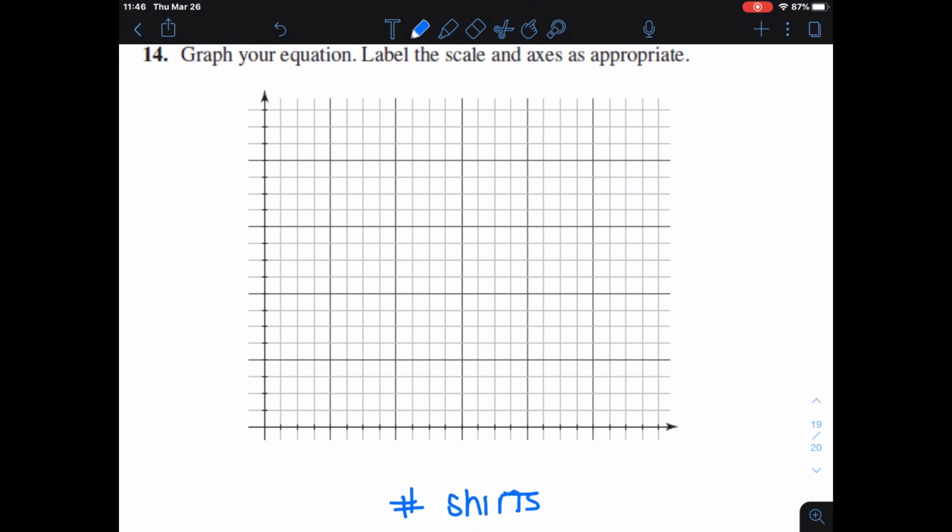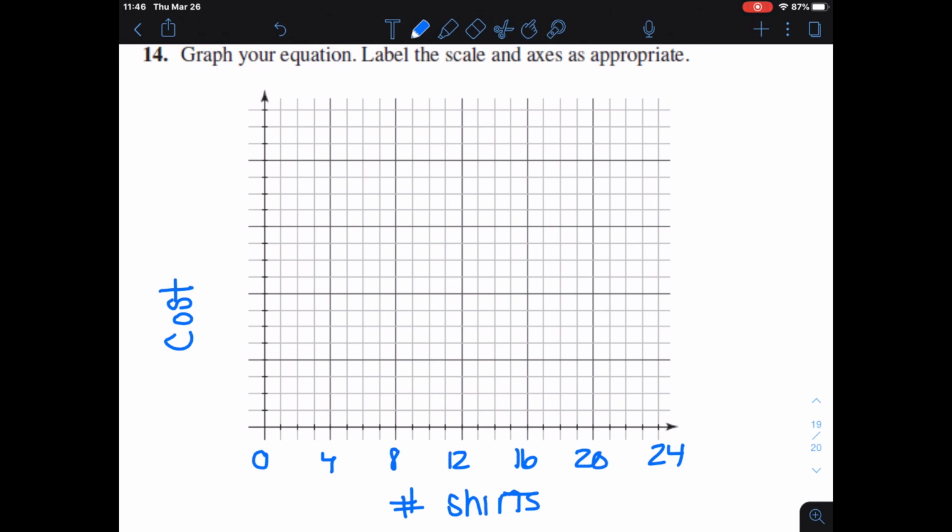On the y-axis is going to be our cost. So for 0 shirts, let's make each one of these worth 4. So here's 4, 8, 12, 16, 20, and then this one would be 24. So each one of these lines is going to be 1.